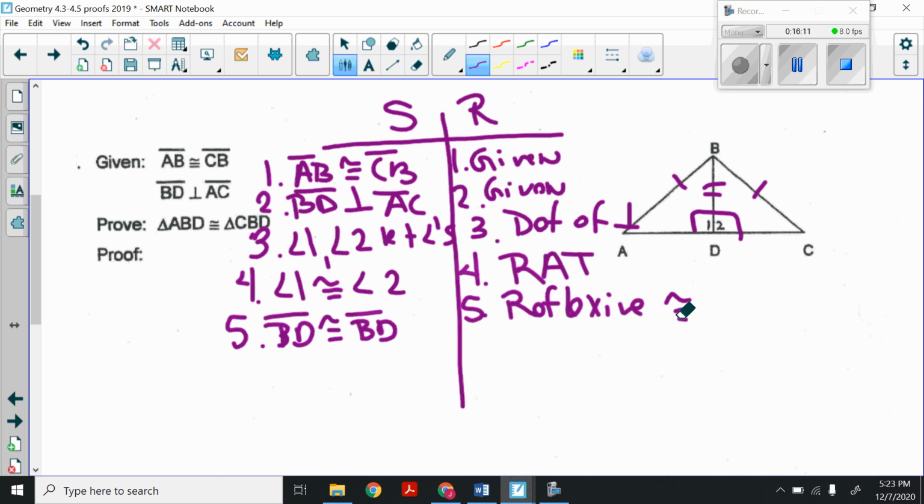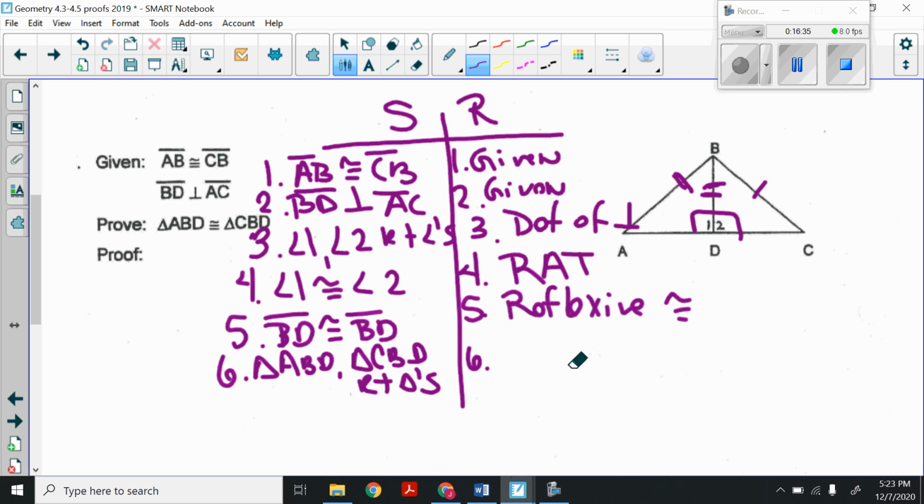See, I have a side, an angle. That's a donkey, but remember, the only time that the donkey works is if it's a hypotenuse leg. These are right triangles. So I have my hypotenuse and I have a leg. But remember that in order to have hypotenuse leg, we have to know that we have right triangles. So I need to state triangle ABD, triangle CBD are right triangles.